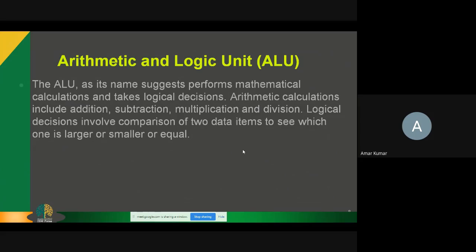Suppose we ask the computer about the comparison between two data, which data is having greater value, which data is having less value, or if we want to do some comparison or have some logical decisions according to the data given to our computer system, then arithmetic and logic unit plays a vital role over there.